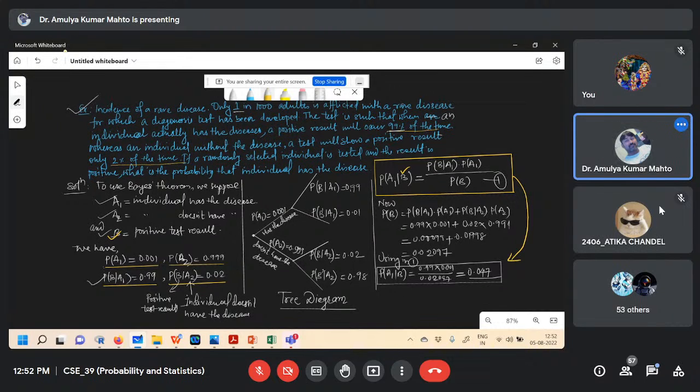What is B? B is actually that the result is positive, that is already given. Then you are interested in finding the probability that the individual is actually having that disease. So that probability is 0.047, very low. Can you think why we are getting a very low probability?